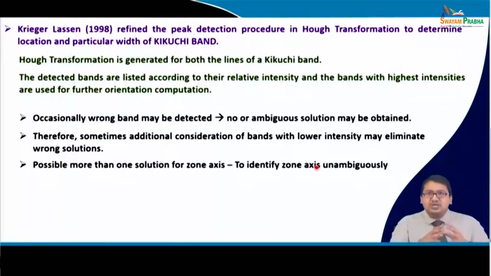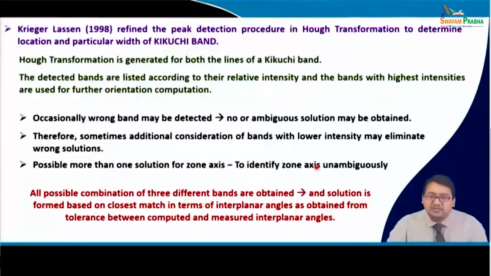So, there could be a possibility that more than one solution for a zone axis could be obtained from the Kikuchi bands or Kikuchi pattern. So, in order to identify the zone axis unambiguously, all possible combinations of at least 3 different bands are obtained, okay, and the solution is formed based on the closest match in terms of the interplanar angles, as obtained from the tolerance between the computed and the measured interplanar angles.